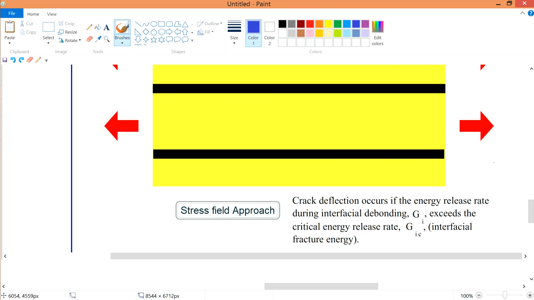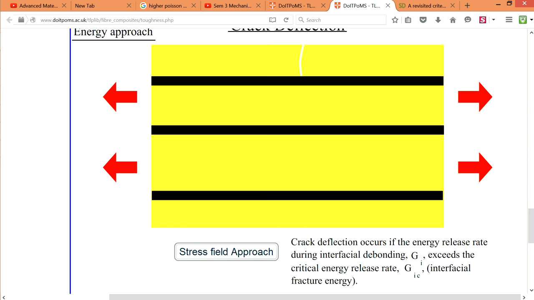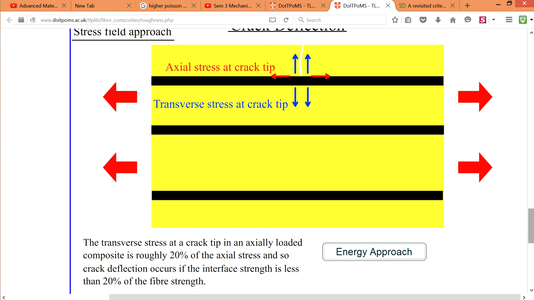It says that if the interfacial bond exceeds the critical energy, the critical energy being the strength of the bond, meaning the stress acting on the interfacial bond is big enough and larger than this interfacial bond, then it will break. Hopefully this is pretty clear. This is the energy field theory, and that's all for that.